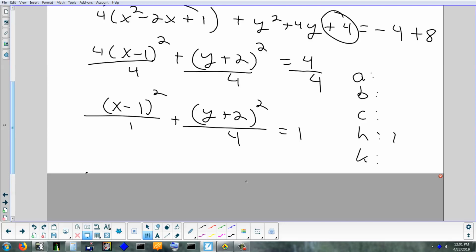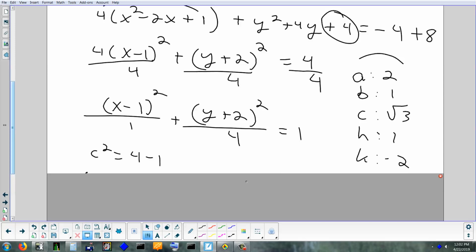What's k? -2. Right? That kind of happened on the last one too. What's a? Yep. Square root of 4. What's b? Square root of 1. And c, c squared equals a squared minus b squared. So what's c? Square root of 3.